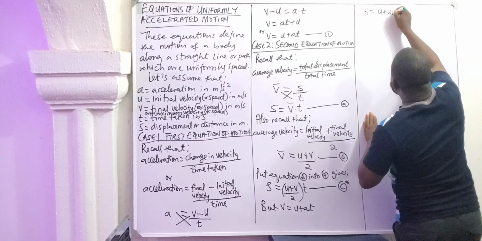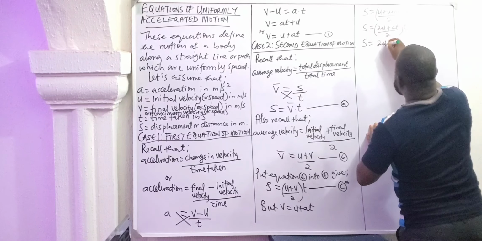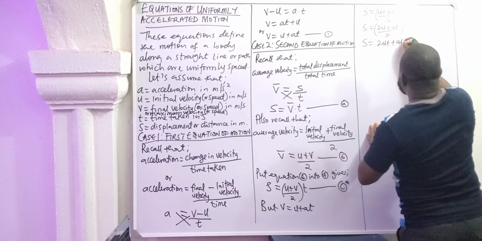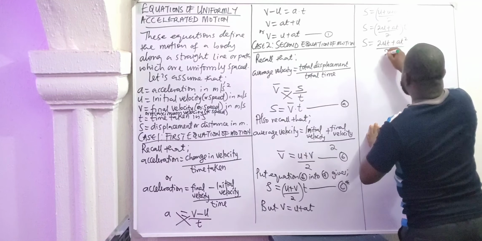So we'll have S is equal to 2U plus AT over 2 times T. We can use t to open the bracket. We have that s is equal to 2ut plus at squared all over 2.